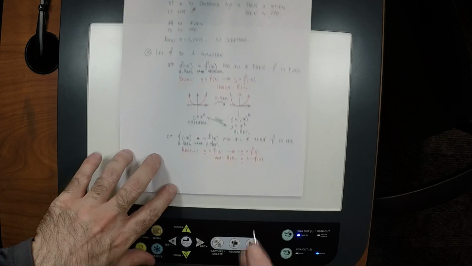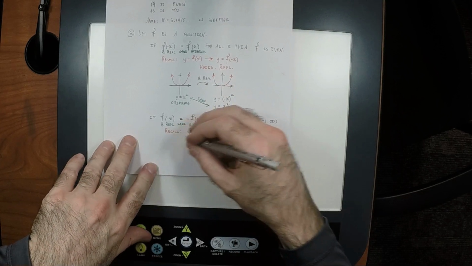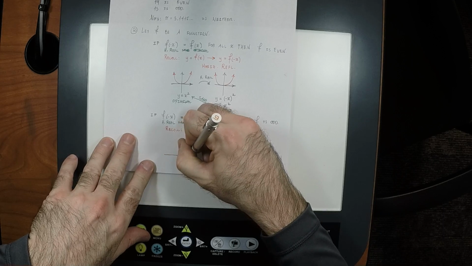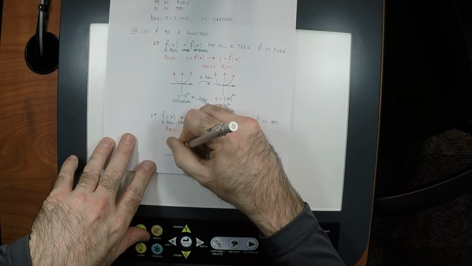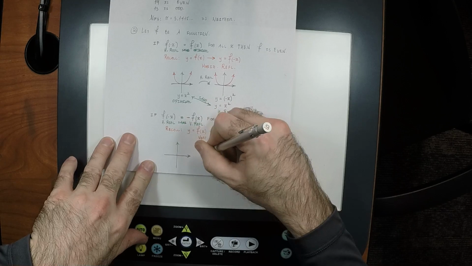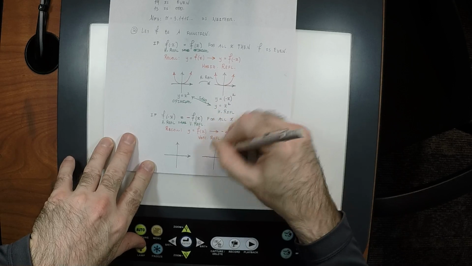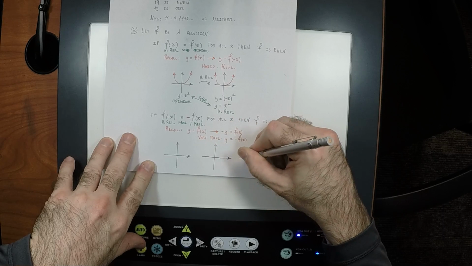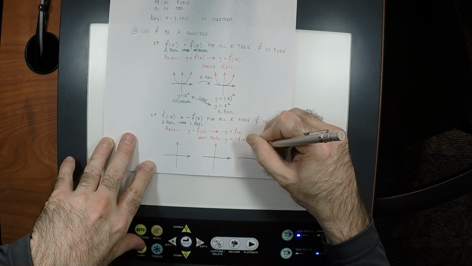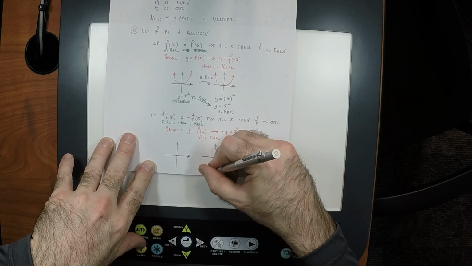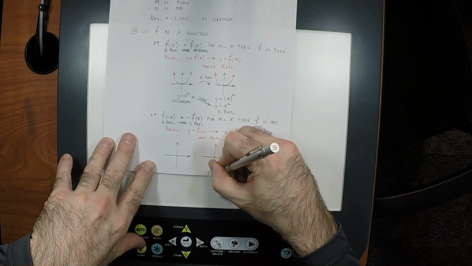Okay. So as an example, now I'll need 3 of them. So in the middle here, I'll say y is x cubed.